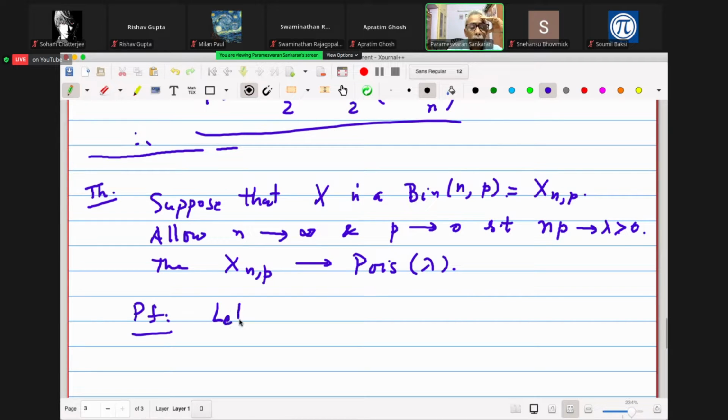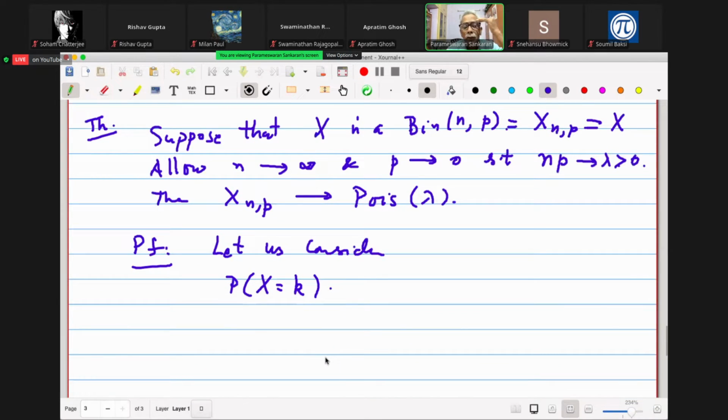Let us consider the probability that X_{n,p} is equal to k.